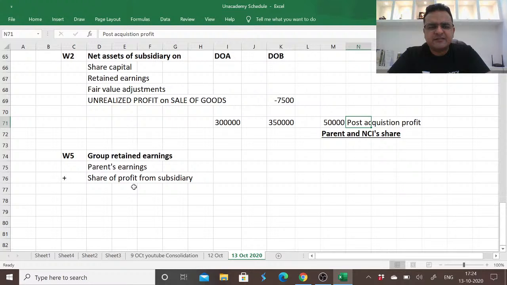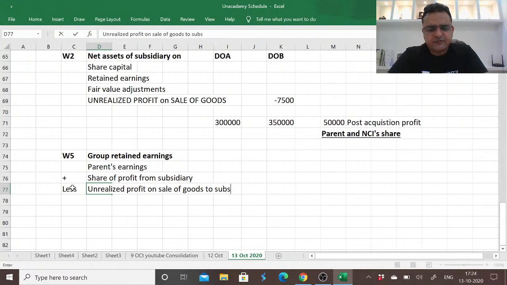But if parent sells goods to subsidiary, then that unrealized profit is in the parent's books. Unrealized profit on sale of goods to subsidiary.